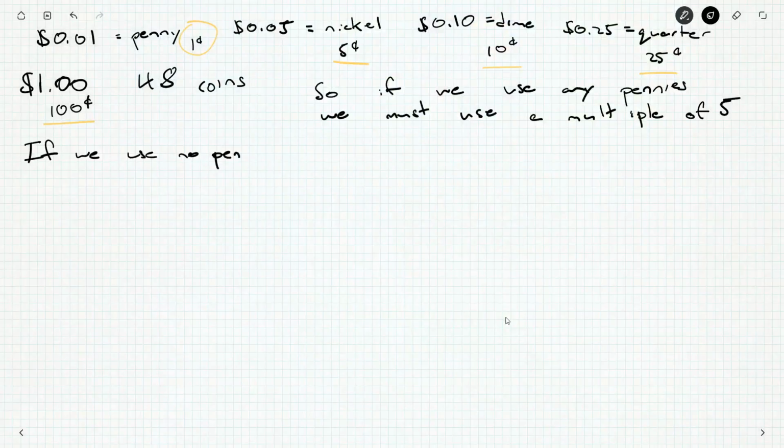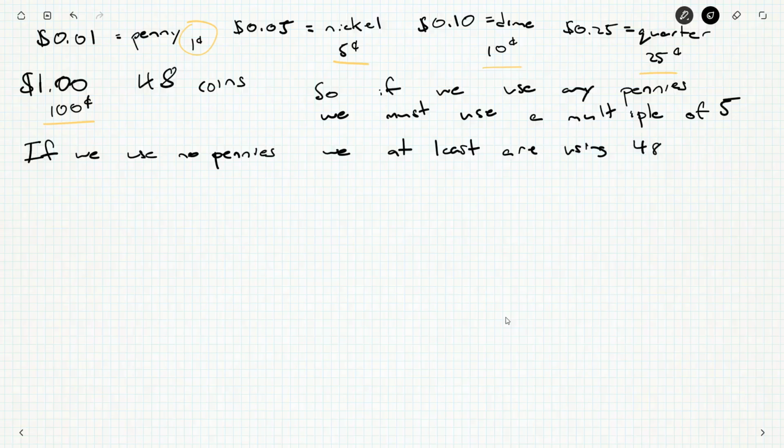So if we use no pennies, the way to get the least amount of money here is using 48 nickels. You know, you could have 47 nickels and 1 dime, but that's going to be even more than 48 nickels. So if we show you can't do it with 48 nickels, there's going to be $2.40.